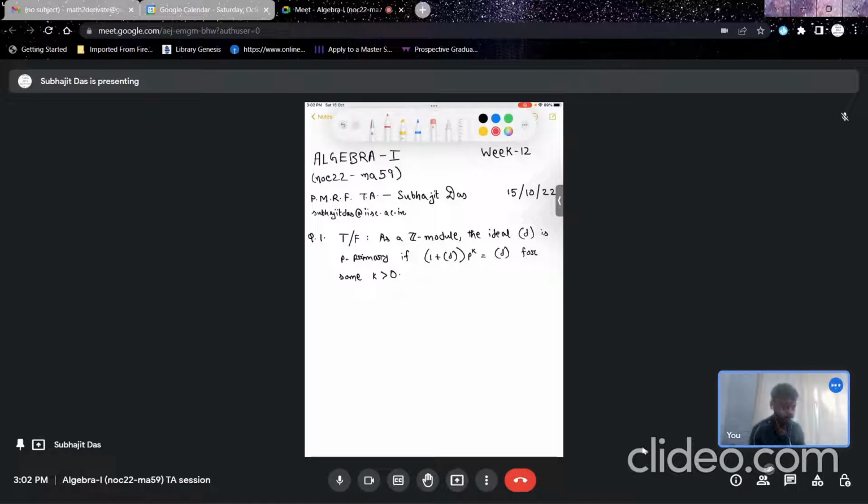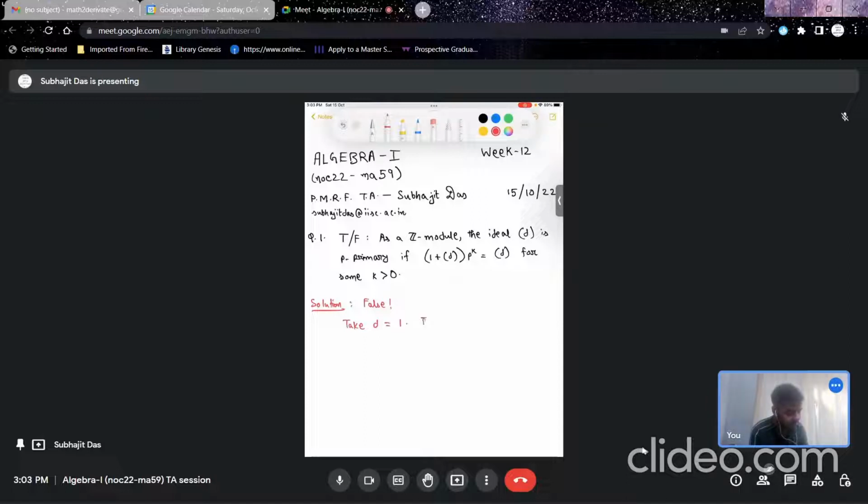So the obvious answer is certainly false, right? Because firstly Z is completely torsion free, so P primariness is completely trivial for Z. So this is false. Let us just take an example. Our module is Z. Let's take D to be 1.